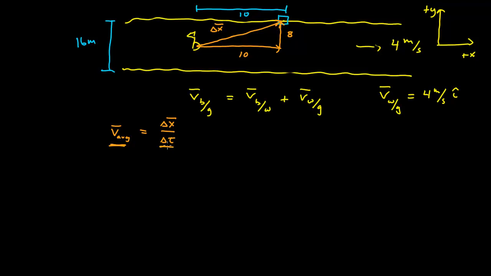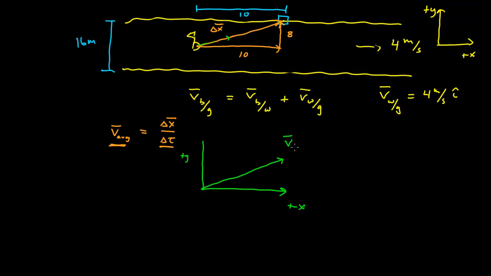And I want to know what this is going to be that's going to give me a minimum time. So the first thing that I want to identify, which is interesting for this problem, is that my velocity vector is going to point in the same direction as my delta x. And so over here in velocity space, here's my delta x, delta y.